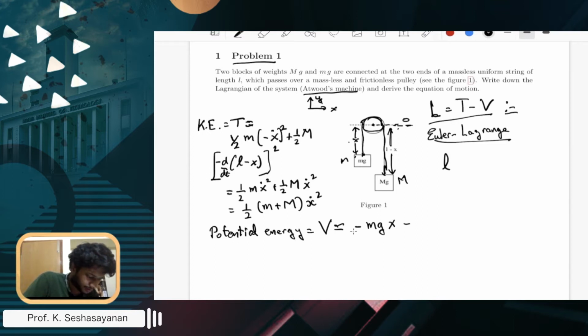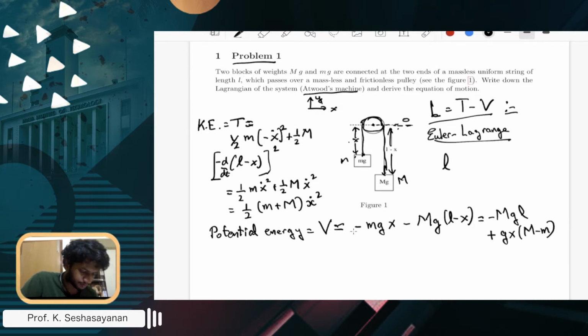The mass capital M is at a position L minus x. So this gives minus Mg L, and we get gx times capital M minus small m. So this is the potential energy, and now what we have to do is to construct the Lagrangian.